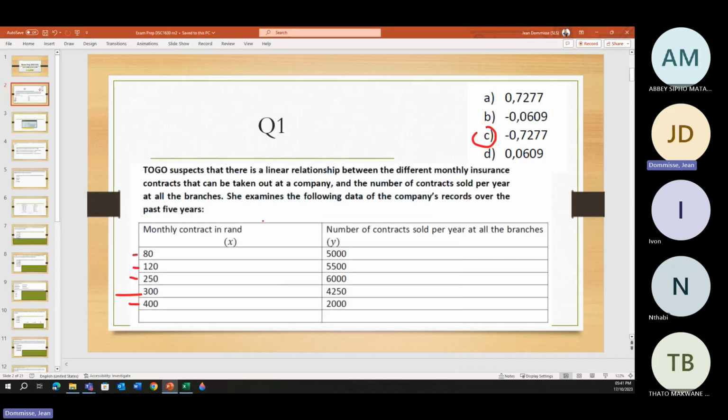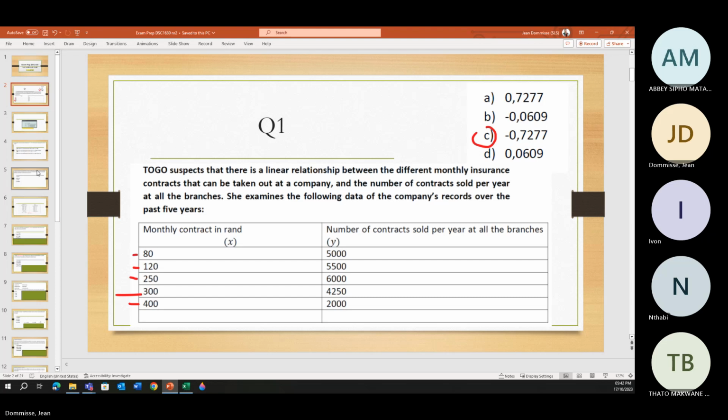Okay. So the first question was about working out your correlation coefficient, or your R. In this instance, it was negative 0.7277. They can ask you if it is a strong or weak relationship, is it a strong positive?